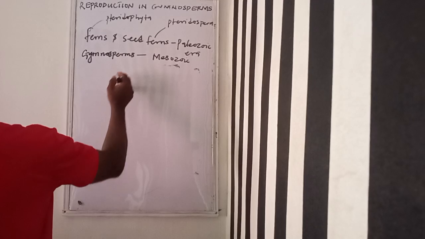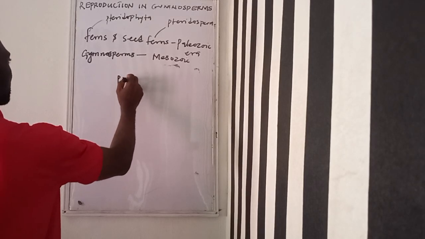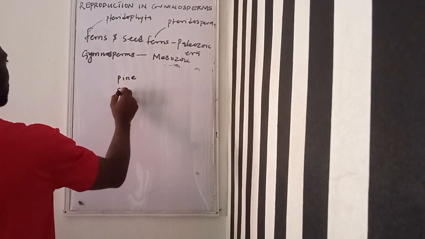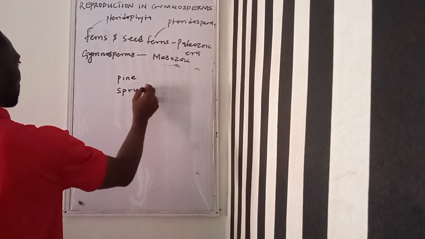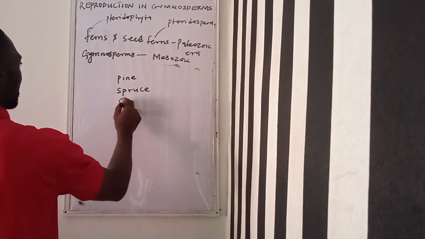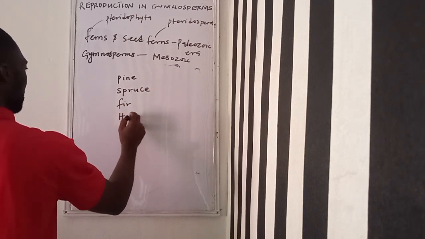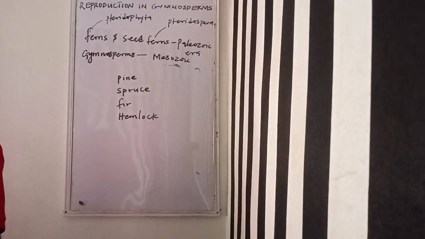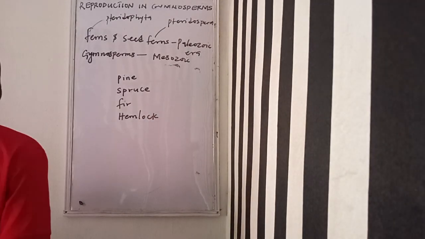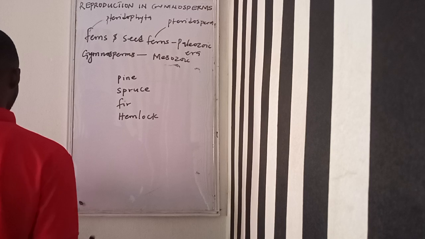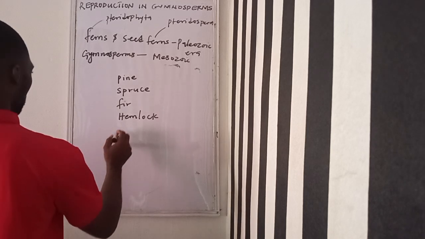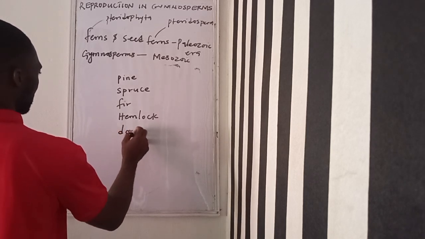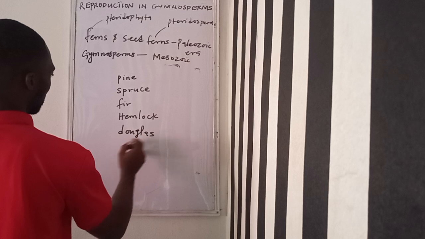So examples: we have the pine, we have the spruce, we have the fir, we have hemlock, we have Douglas fir, we have cedar.